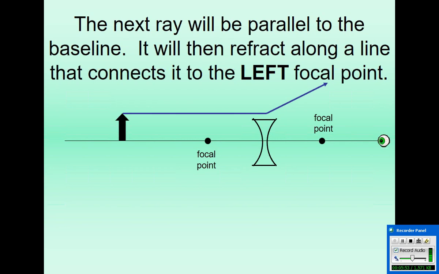We can approximate the ray as refracting at the instant where it reaches the halfway point of the lens. So this deflection right here is at about the midline of the lens. That's good enough for our approximation. We're looking for a qualitative prediction for the image.